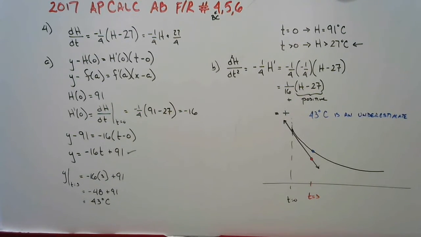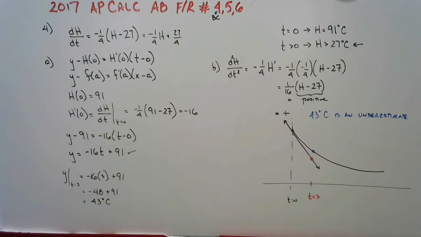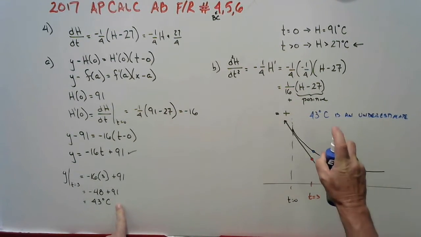We need to know if we can find an expression for g of t based on this model, what's the internal temperature. So they want us to solve this differential equation. And by solving it, that would give us a function g, and then we plug in 3, and let's see if we get a better estimate.